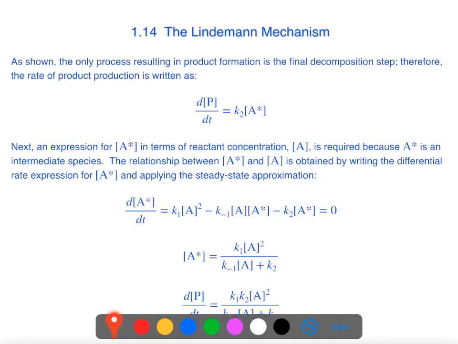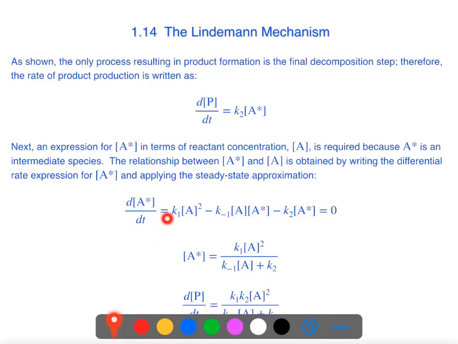So the next step is to develop an expression for the concentration of that activated reactant in terms of the reactant concentration A. This is required because the activated reactant A star is an intermediate species. The relationship between the concentration of A star and the concentration of A is obtained by writing the differential rate expression for the concentration of A star, and then applying the steady state approximation to it.